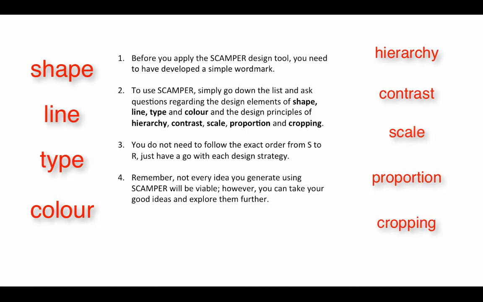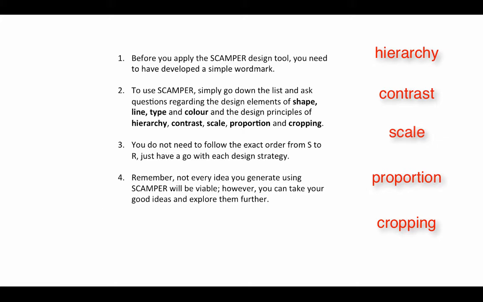You do not need to follow the exact order from S to R, just have a go with each design strategy. Remember, not every idea you generate using Scamper will be viable or interesting. However, take your good ideas and explore them further.